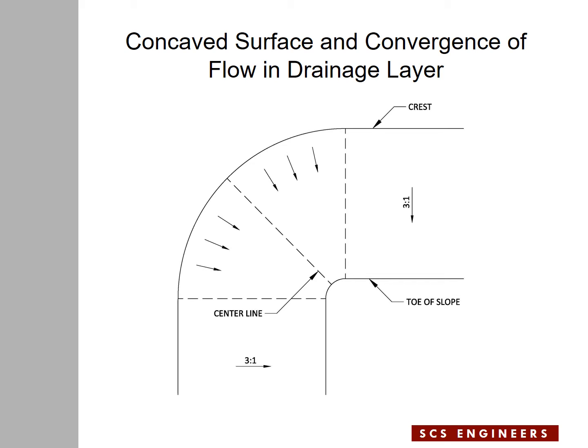The arrows indicate the flow in the composite. As you could envision, if the concave surface is covered with panels of geocomposite, there is an intersection between these panels, in a very ideal case along the center line of the concave surface, and the flow in the geocomposite can potentially cross from one panel into an adjacent panel and eventually get concentrated and converge toward the bottom of the slope.